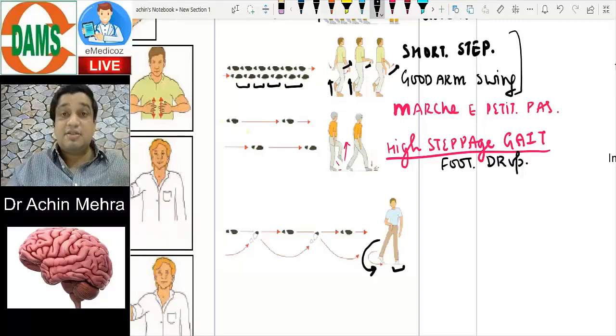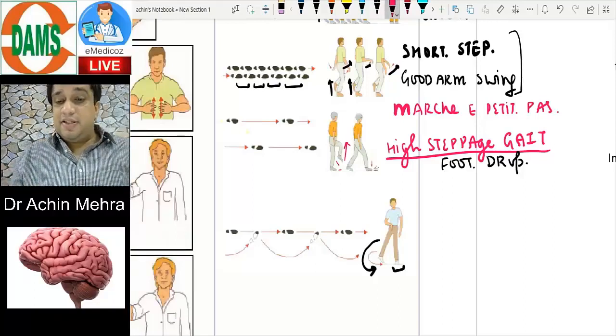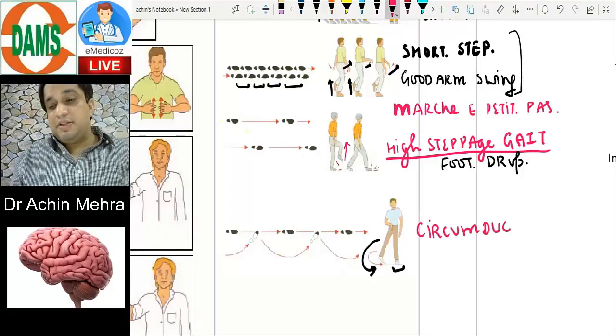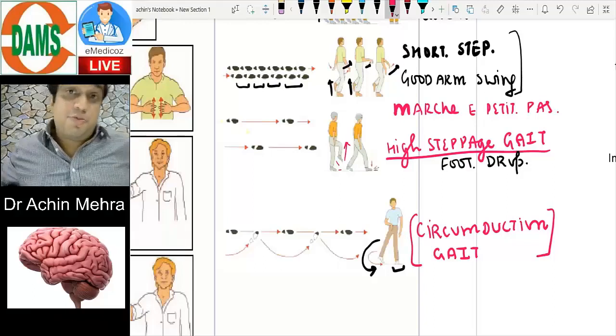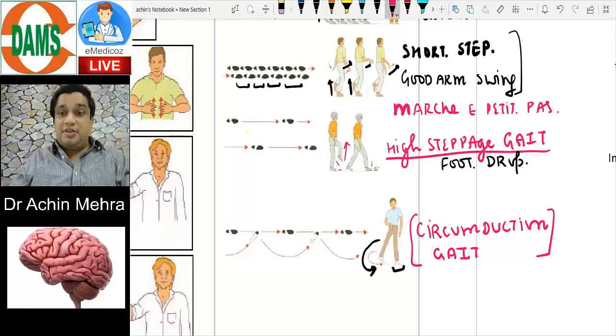Yes, that's the circumduction gait. Making a half circle every time he's walking. So that's simple, that's easy, no problems in this. And that happened in a corticospinal tract injury, which occurred more often in patients of stroke.